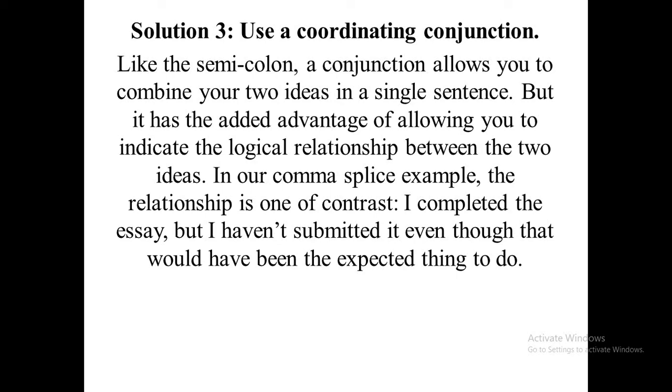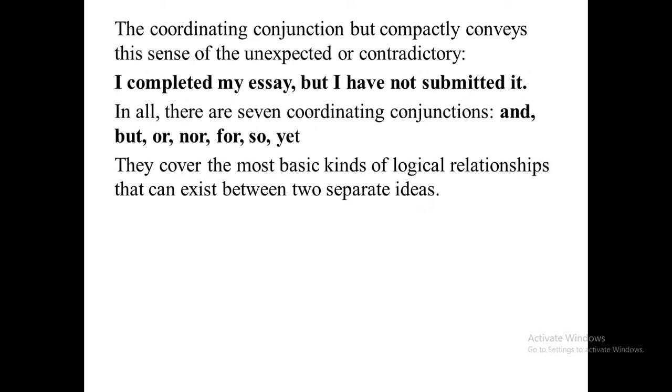In our comma splice example, the relationship is one of contrast. I completed the essay, but I have not submitted it, even though that would have been the expected thing to do. The coordinating conjunction but compactly conveys this sense of unexpected or contradictory.